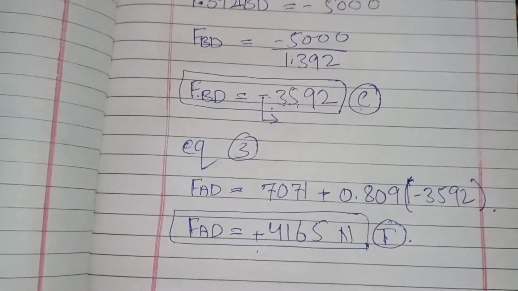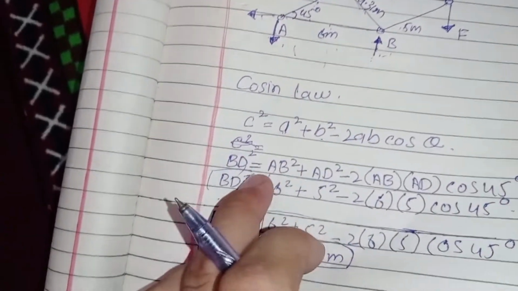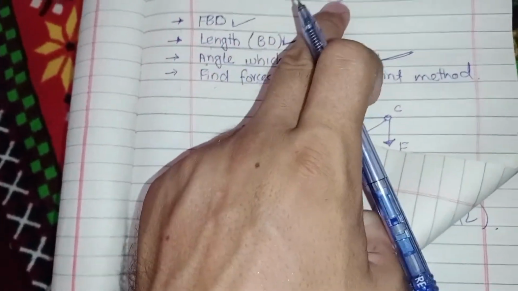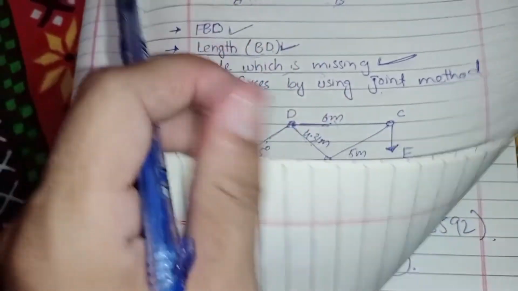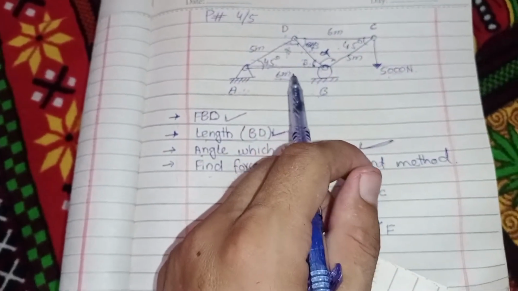Now we will analyze joint B to find force in member AB.